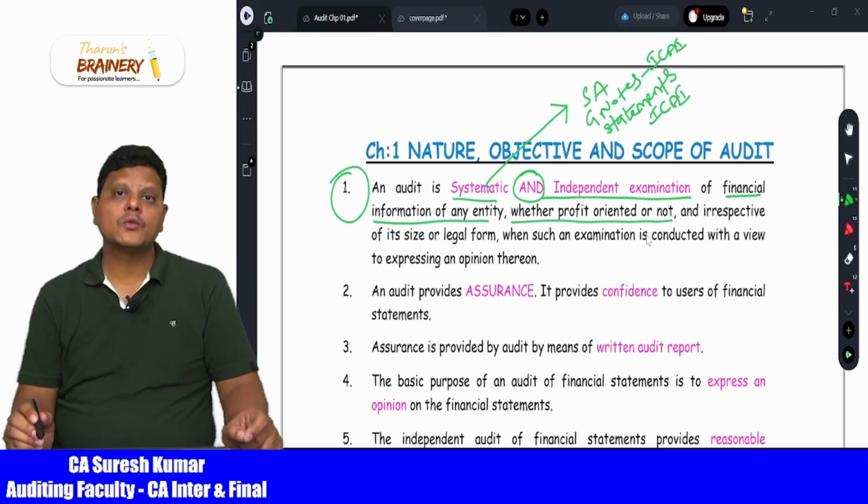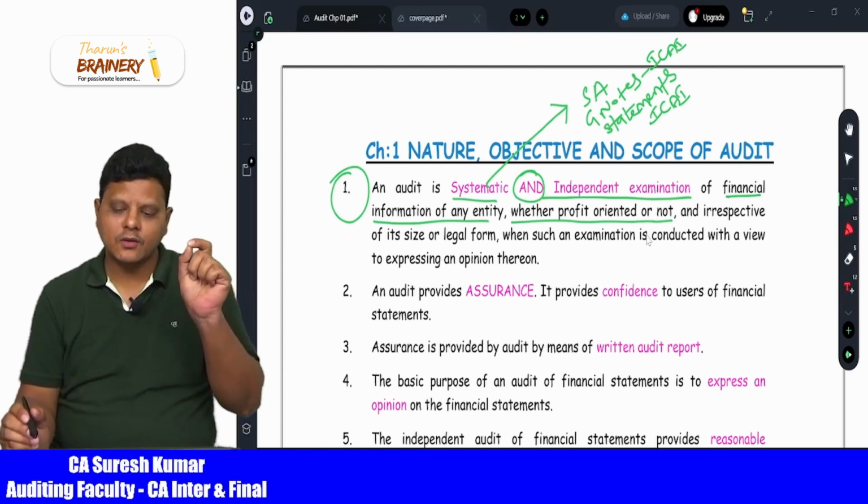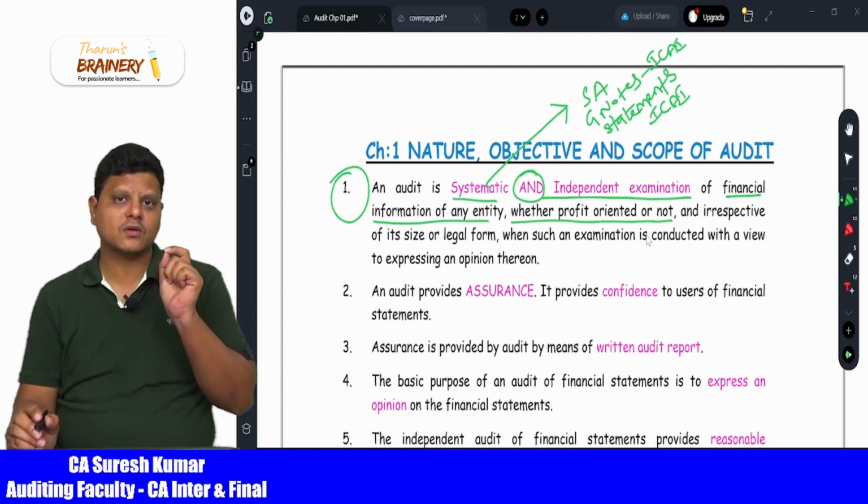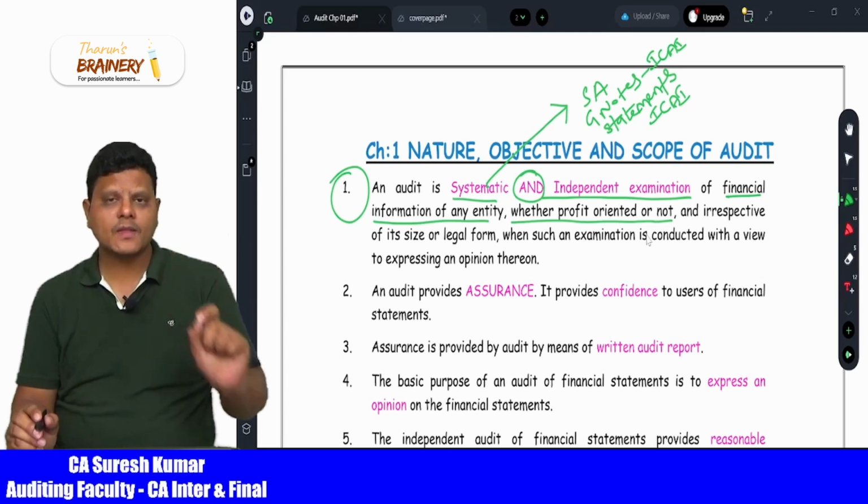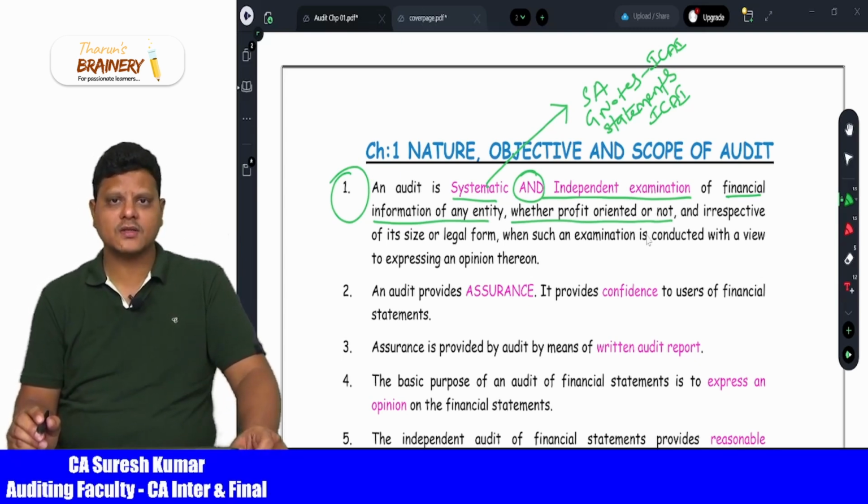When the auditor uses the standards in auditing, the guidance notes given by the institute, and the statements given by the institute, then we call it systematic.